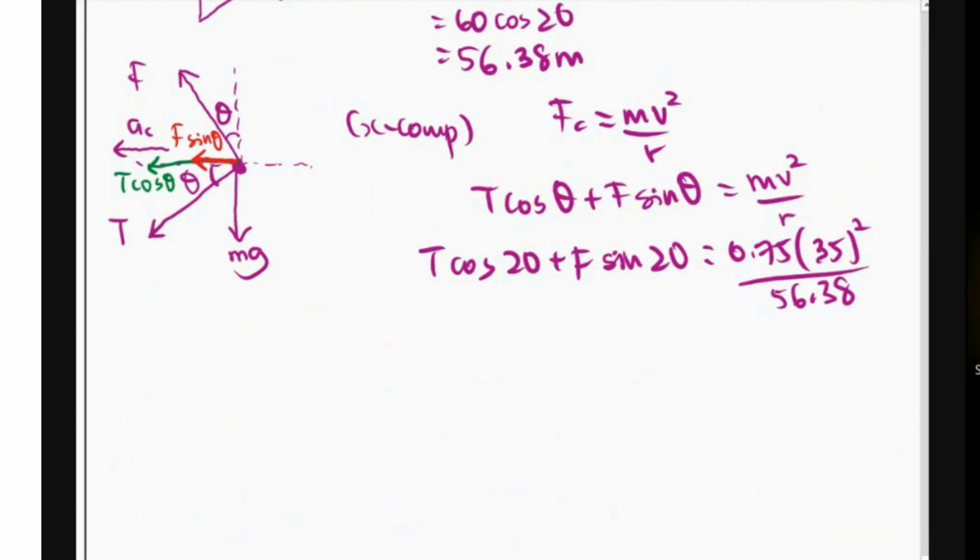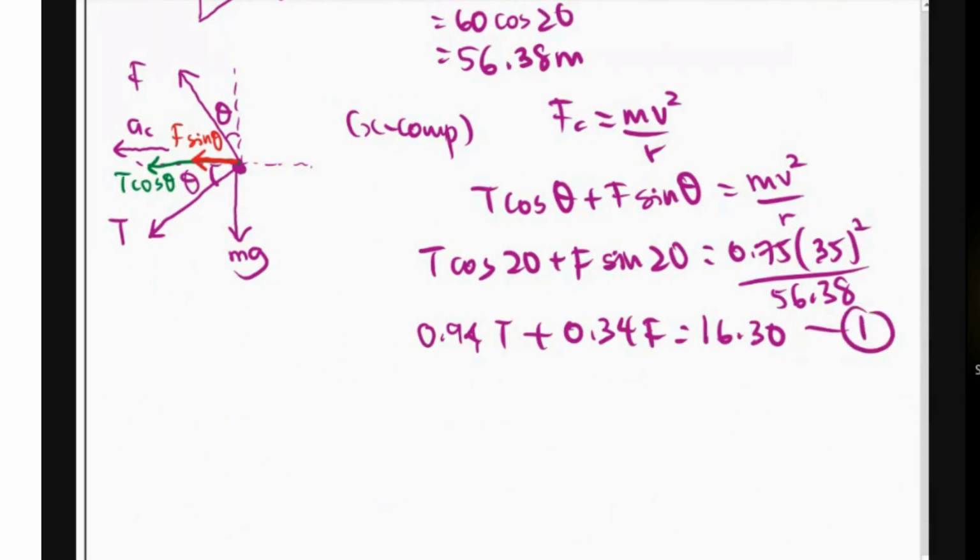So cos 20 is 0.94 T. Sin 20, 0.34, plus 0.34 F. And on the right side, you simplify it. So you get 16.30. So there are two unknowns, tension and uplift force. We are looking for tension. We don't want the F, so make this the first equation.